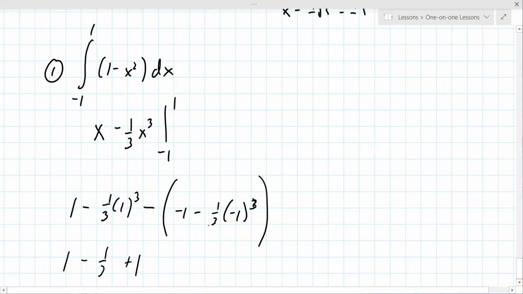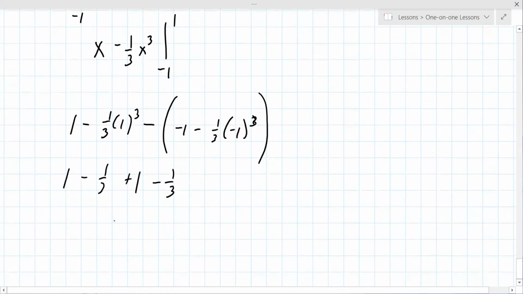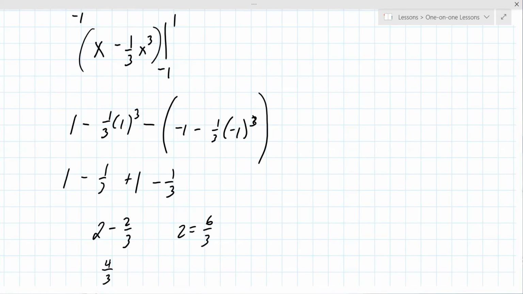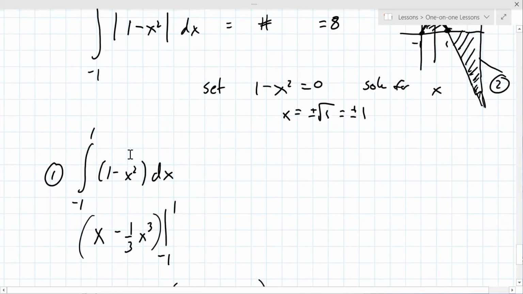This becomes plus 1. And then this is negative 1 times that gives you positive 1/3, so minus 1/3. So it should be 2 minus 2/3. 2 is really 6/3, so that makes this 4/3. Probably just a sign error there. Yeah. Okay, so that's the area of region 1.